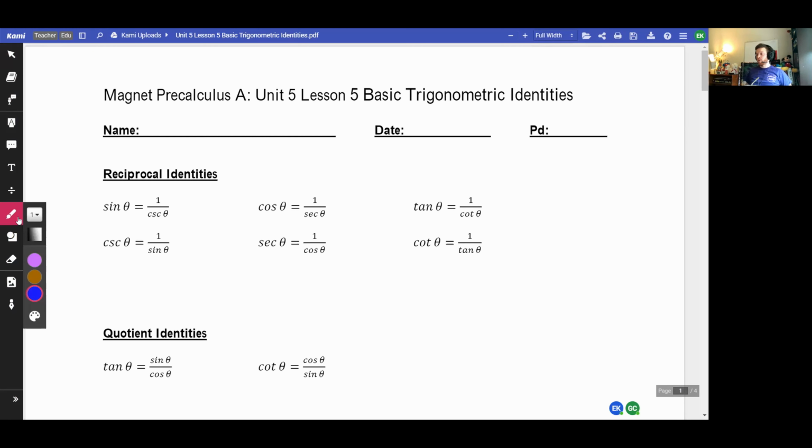Trigonometric identities, basic ones. We're going to get a lot later. There's an entire unit about trig identities, but we want to get the basic ones so we can finish up the basics of trig. What is an identity? What does the Google say?